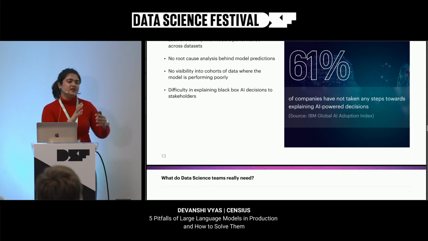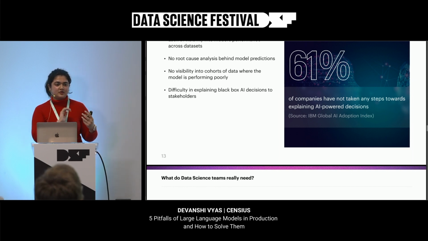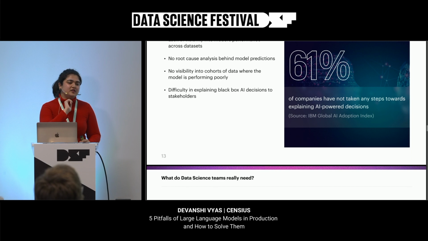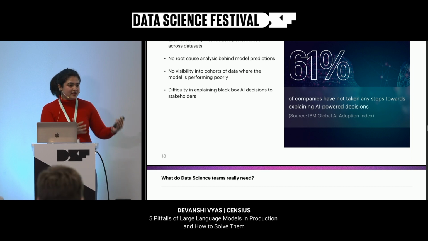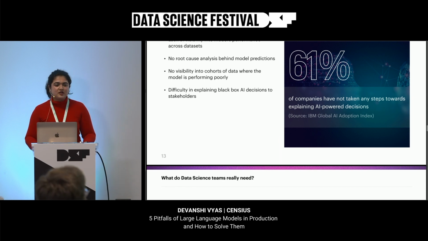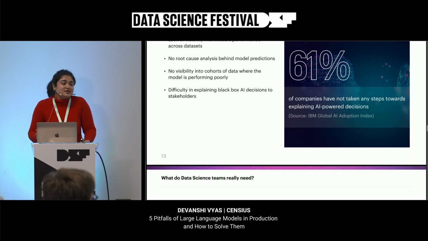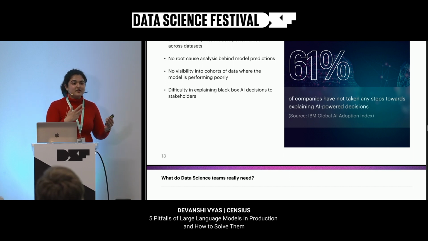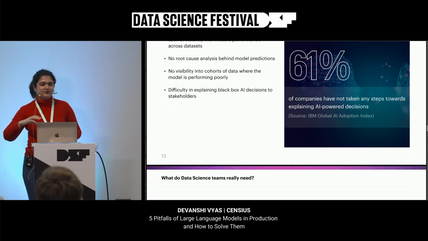Is it a specific subset of users that are being adversely affected, whether it's people of color, a certain age group, or a particular gender? You should have the ability to assess this over different cohorts and over different subsets of the data to understand how it's doing on average. Because sometimes, it does not even do badly overall, but it really does badly for a certain cohort.